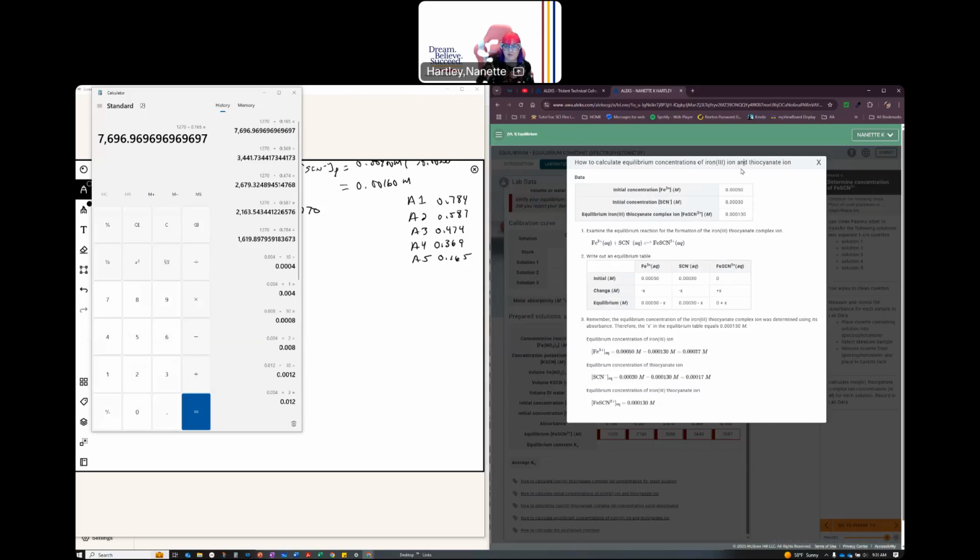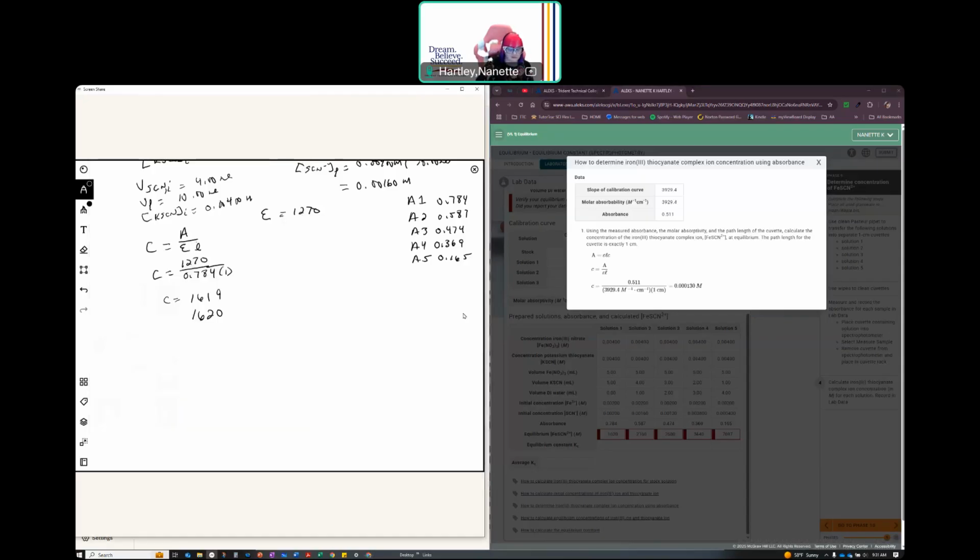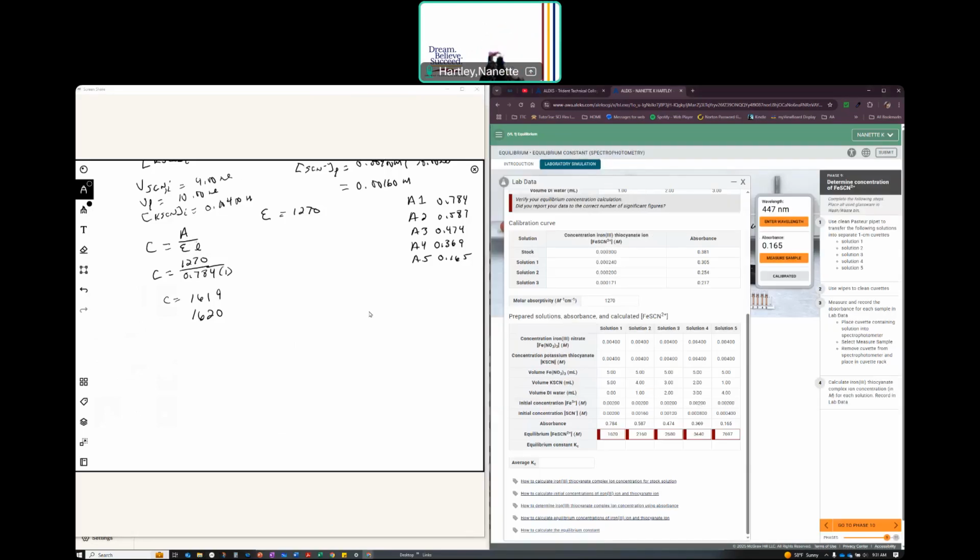This one. And this one. Oh, I did it backwards. That's why. I should have put the absorbance on top, not the molar absorptivity. That's why. Okay, brain is here somewhere.